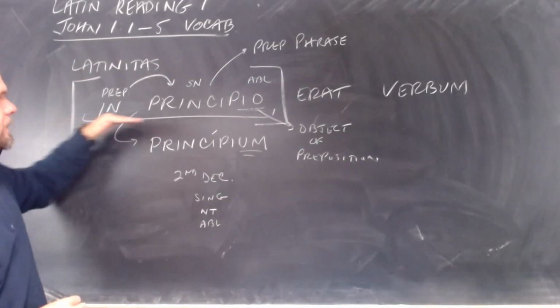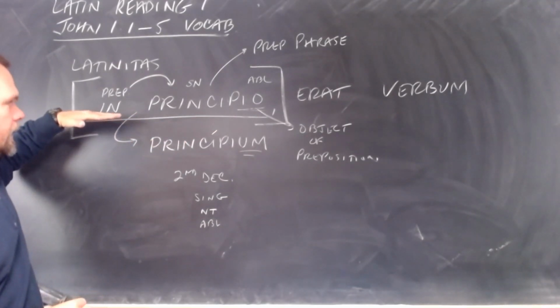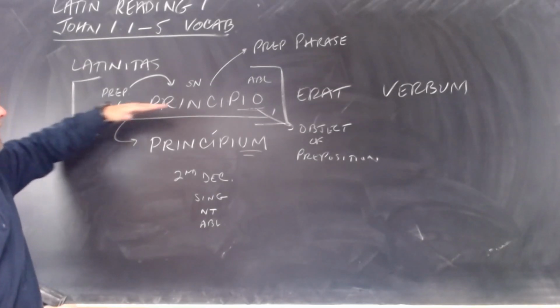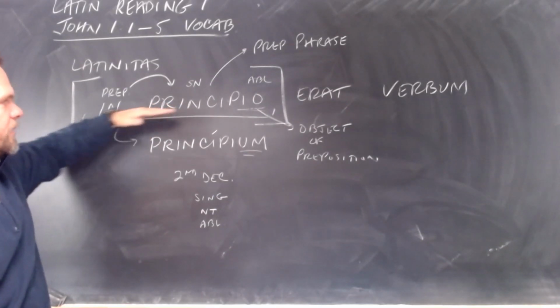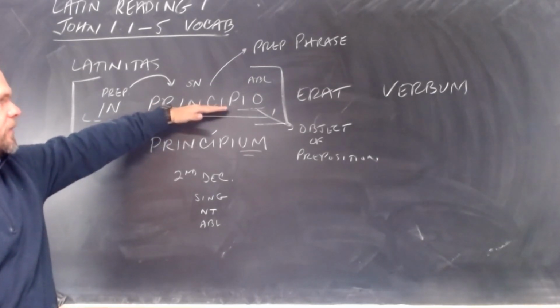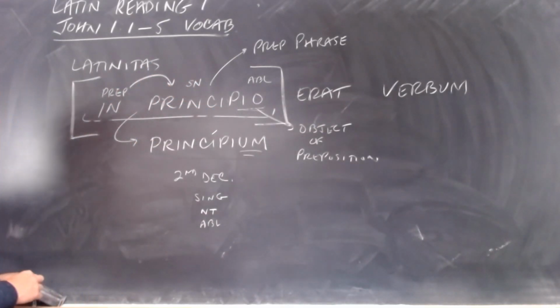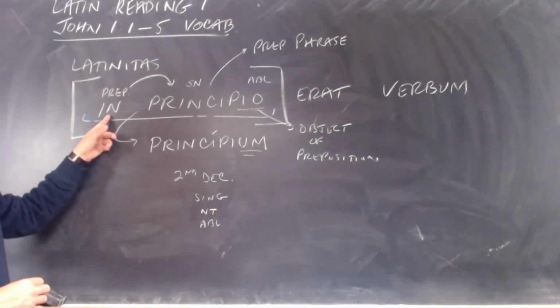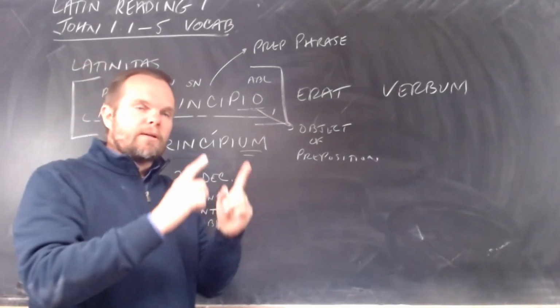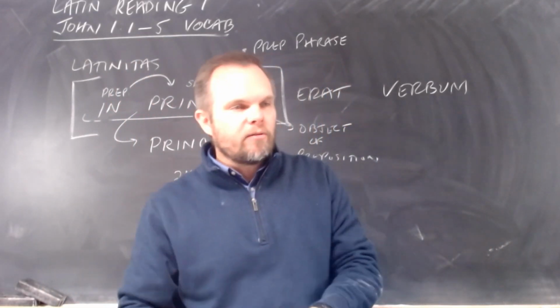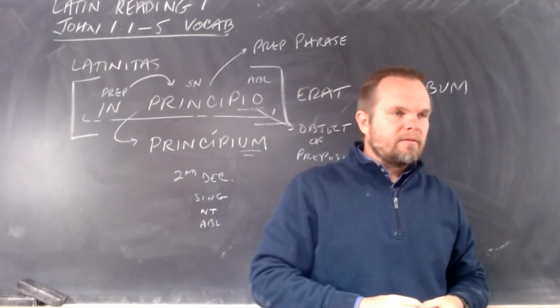This is a prepositional phrase. It's made up of a preposition and the object of that preposition. And this expresses a relationship between this noun and the rest of the sentence. So every time we see a preposition, we're going to see a noun right after the preposition.